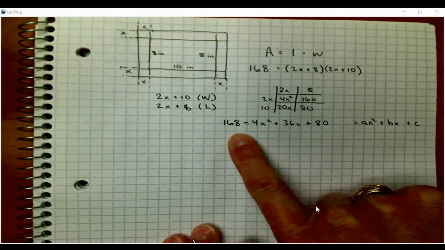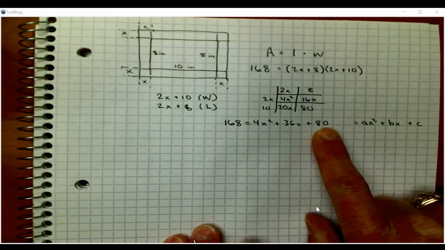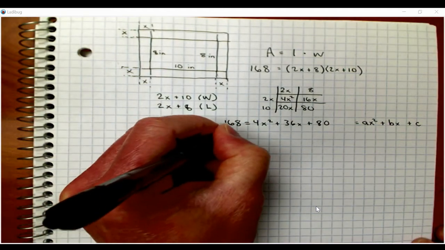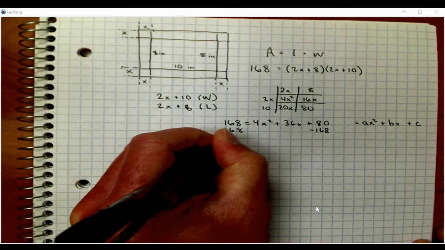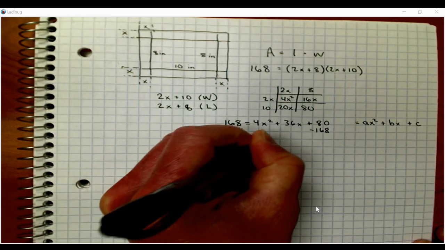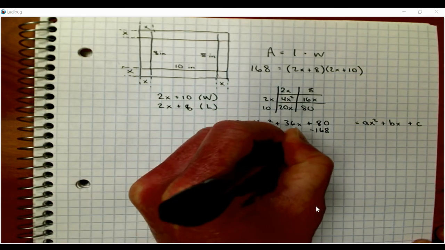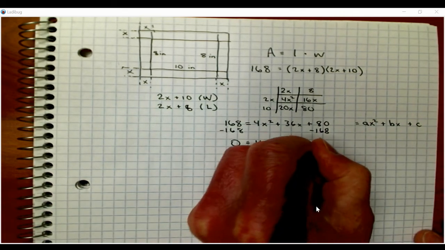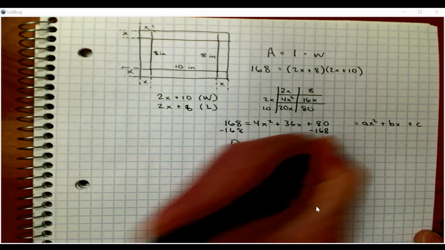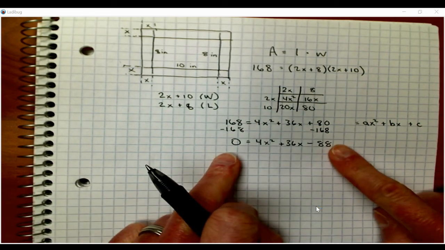Well, we have this 168, so we need to move it over here and combine it with this constant. So minus 168, minus 168. So now we have 0 equals 4x squared plus 36x. And then we do the math here, and that should be negative 88. Now this is in standard form.